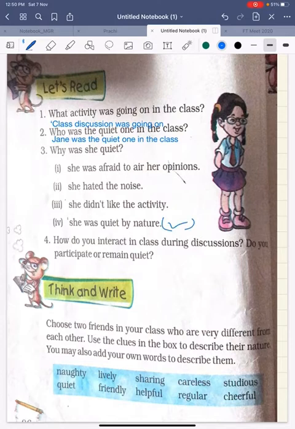Now next question, how do you interact in class during discussions? How will you participate? Do you participate or remain quiet? So the poet is asking in this, it is asking that are you like Jane? You want to remain quiet or you participate in discussion?